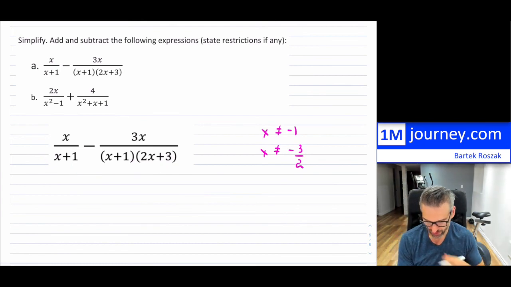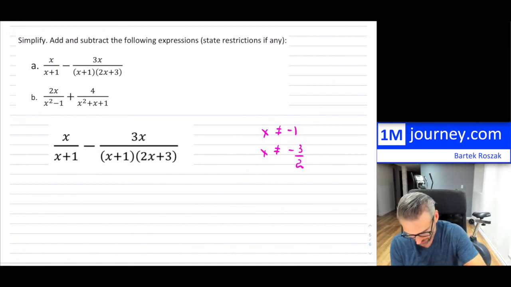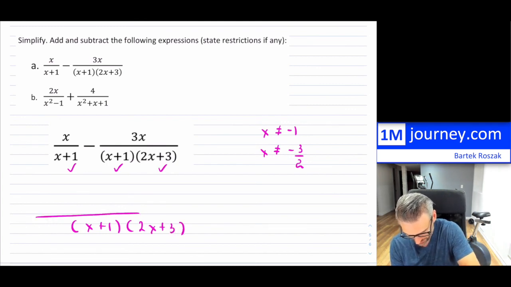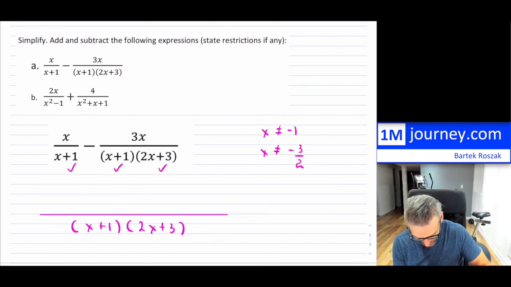Now, in order to be able to add and subtract anything, we need a common denominator. Well, the common denominator, notice these two are actually in common. So I'm going to set the denominator to be these two factors. Those are the only ones we need, really. And now what does that make?